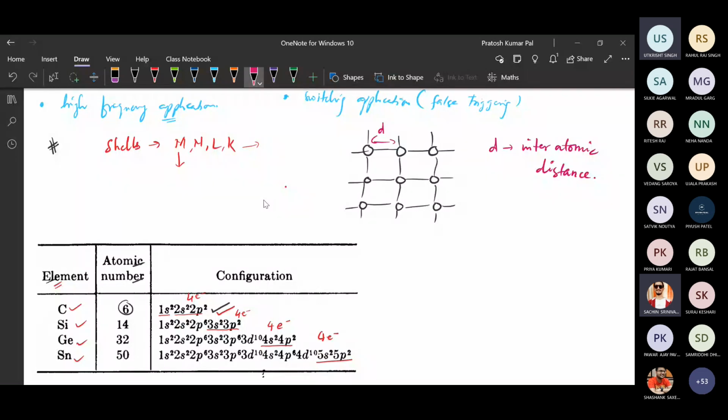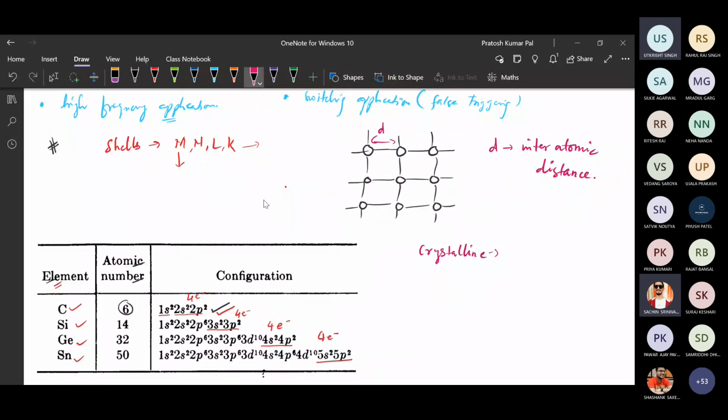So how this energy band can be represented and how this interatomic distance is going to affect the energy bands, basically. Most of the metals and semiconductors are crystalline in nature. Crystalline in nature means the atoms are arranged in a regular, orderly manner.